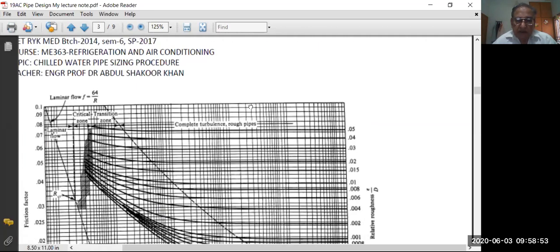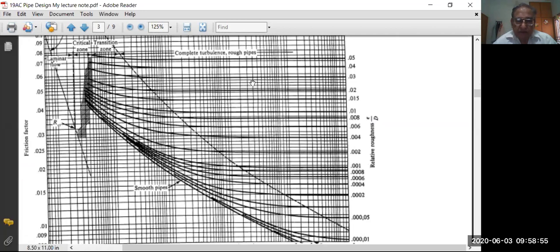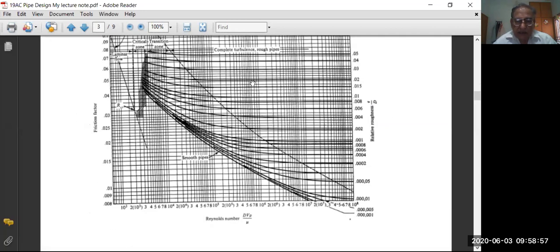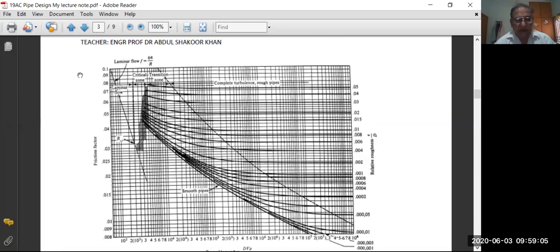Here is Moody's diagram. You can see this is the Moody diagram, and in this Moody diagram, here is friction factor F. It ranges from 0.008 to 0.1. So this is its total range of this diagram. Lowest is 0.008, highest is 0.1. This is dimensionless.